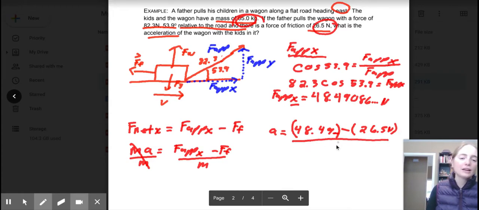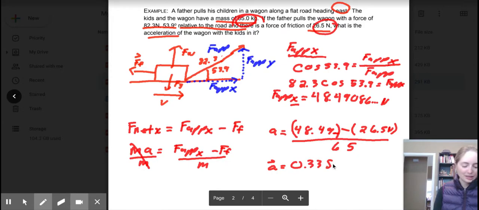And we divide that by your 65 kilograms. And that's going to give us the acceleration, once it's done correctly in your calculator, 0.3383... meters per second squared.